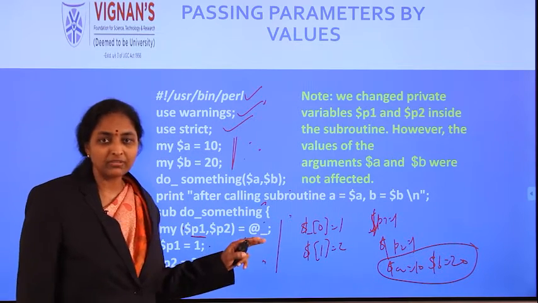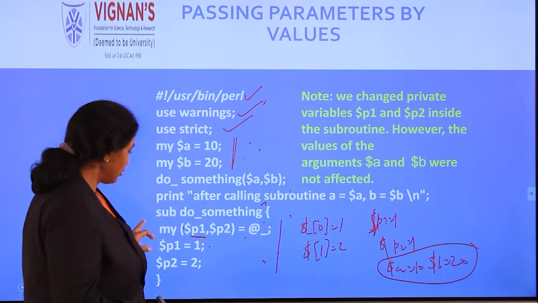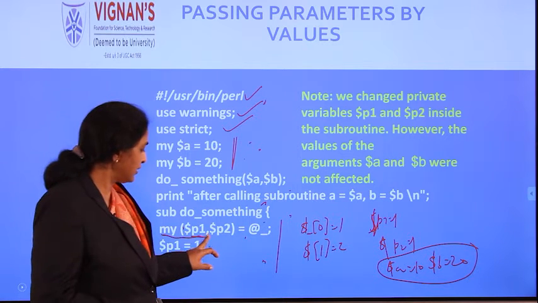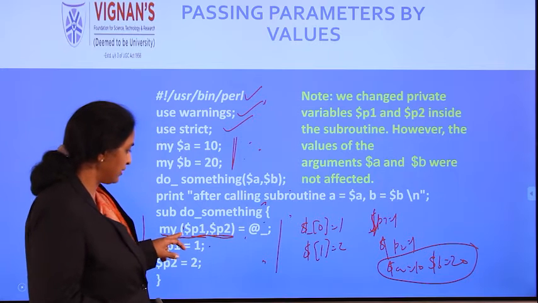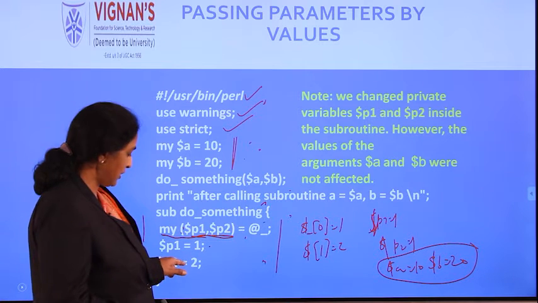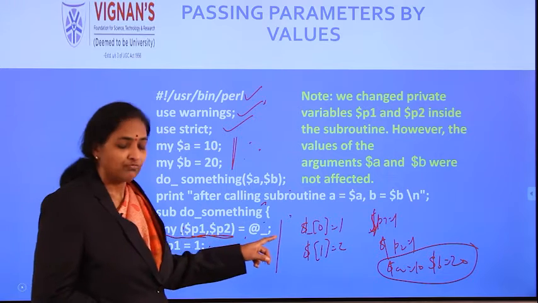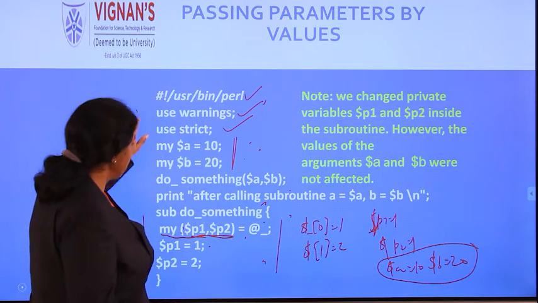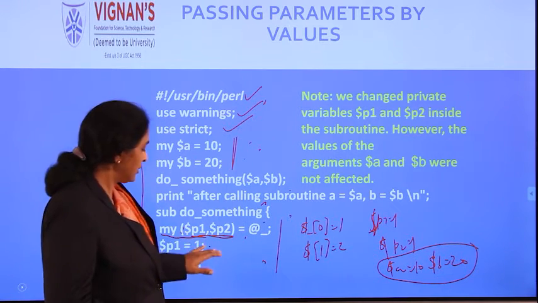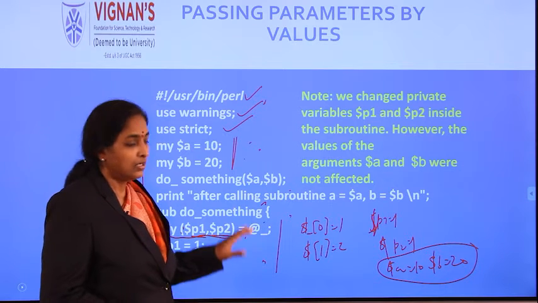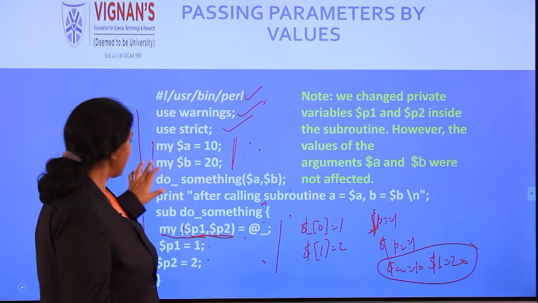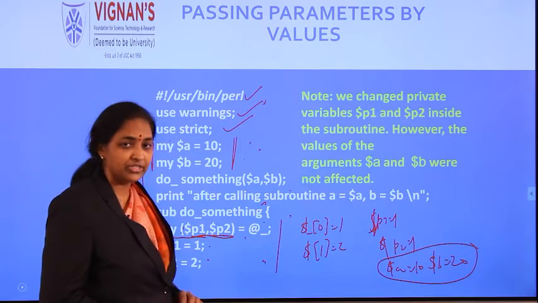If you observe the code also, here you are creating another set of lexical variables. Those are initialized when you are executing this program. Whatever arguments are passed, they are not changing.